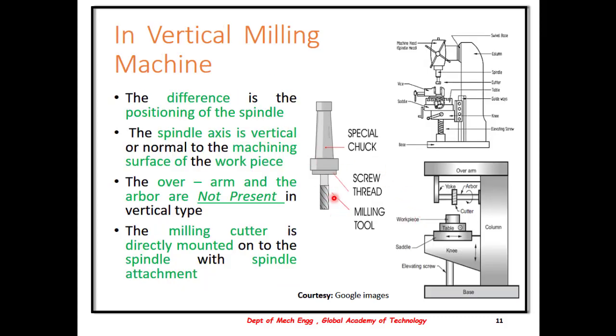The difference, as I said, in a vertical milling machine is this positioning of the spindle. The spindle axis is vertical or normal to the machining surface. The overarm and arbor are not present in a vertical type of milling machine. The milling cutter is directly mounted onto this spindle with a certain set of spindle attachments.